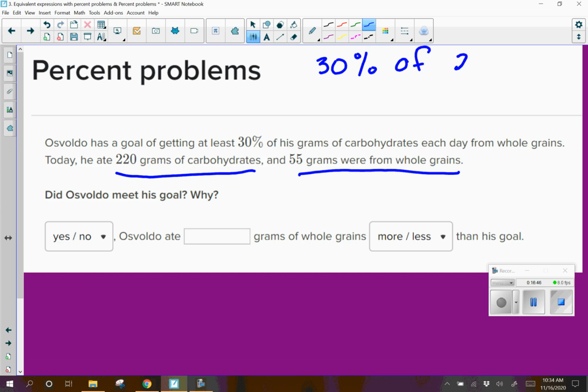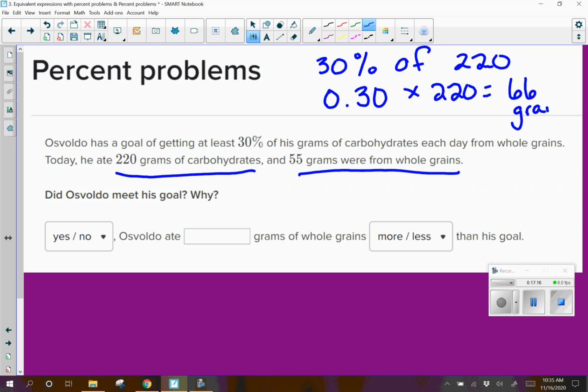So really what we're trying to find here is 30% of 220. Now if you want to do the proportion method, you can go ahead and do that. We know our whole and we know our percentage, so we'd be looking for our part. Or because I'm given the percentage and the whole here, we can do our decimal method. So I'm going to go ahead and multiply 0.30 times 220. So 0.3 times 220 gives us 66 grams.